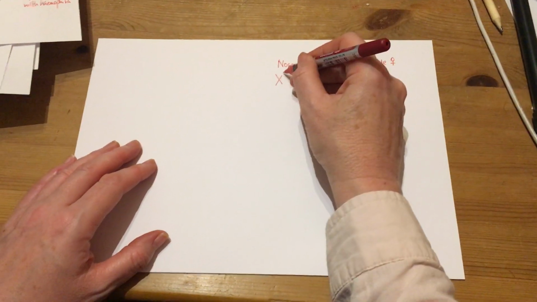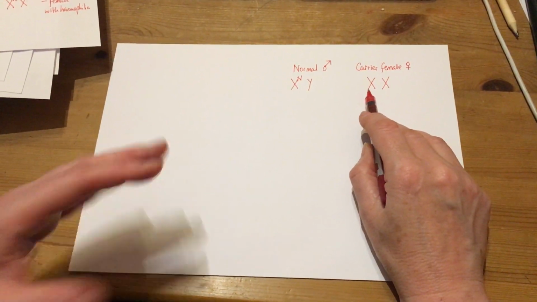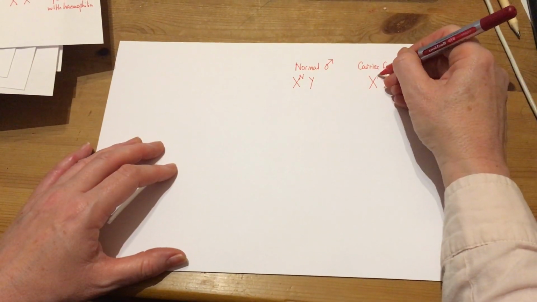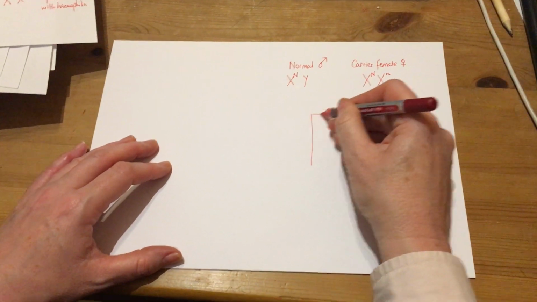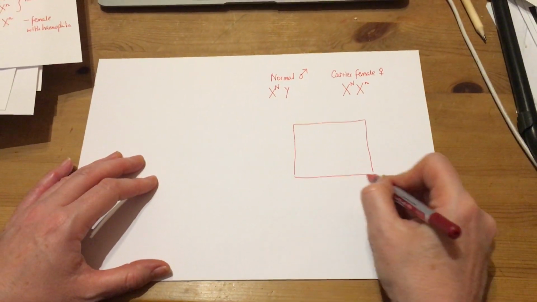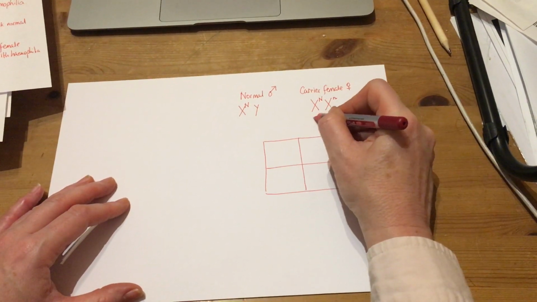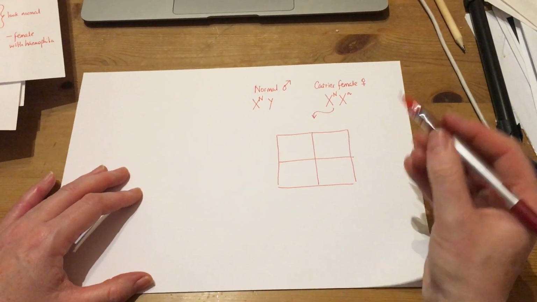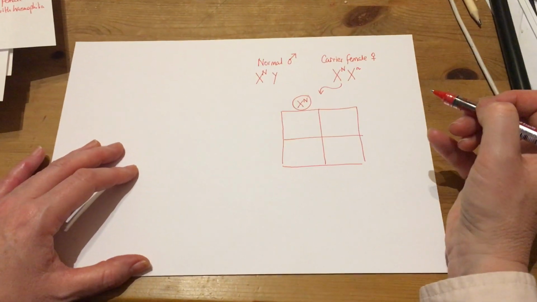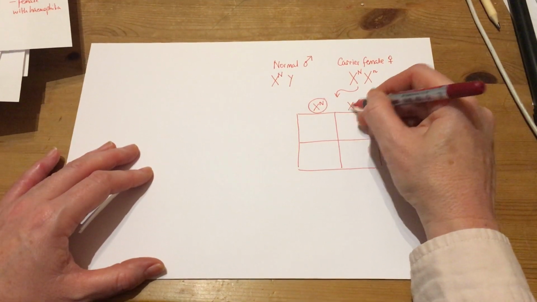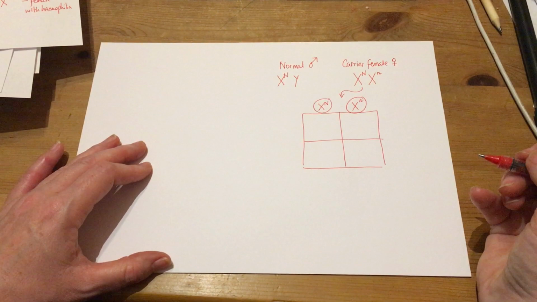If it's normal, it's a big N. If it's a carrier female, she is heterozygous, so she will have a big N and a little n. Set up your Punnett square, make it slightly bigger than normal because you're going to have the X's and Y's involved. The female's gametes, the eggs, are going up here. Half of them will carry the normal allele on the X chromosome and half will carry the recessive disease allele.